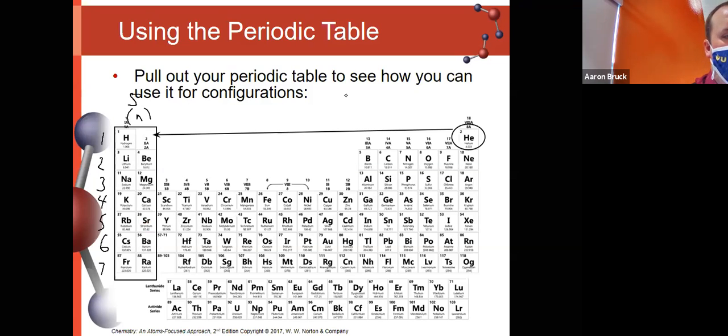Over here on the right-hand side, starting with boron and going all the way down to oganesson, this is your P block. The P block also follows the period numbers exactly. So once again, if I'm looking at something like selenium here, selenium is in period 4 of the P block.